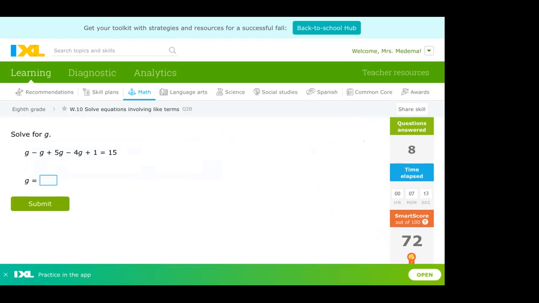So this time the only difference is that letters are on one side, but so are numbers. So we have g minus g plus 5g minus 4g plus 1 is 15. So I want the numbers to be on one side, and 1 is like 15.